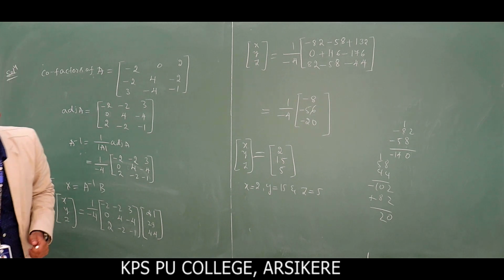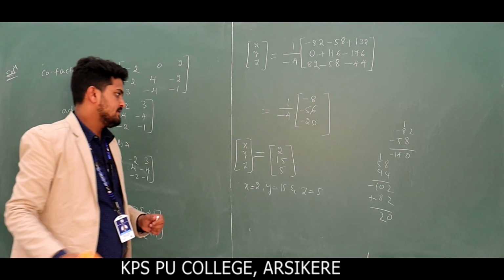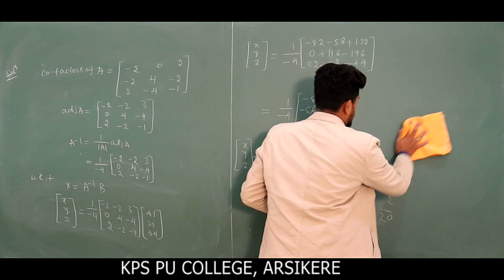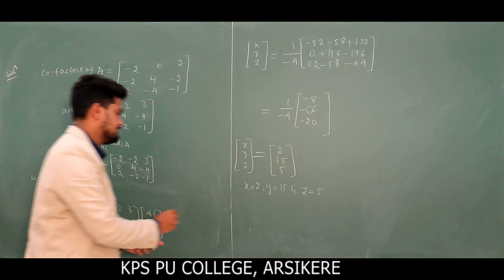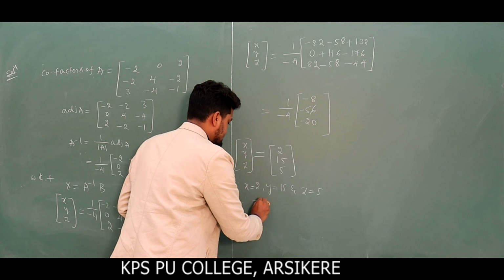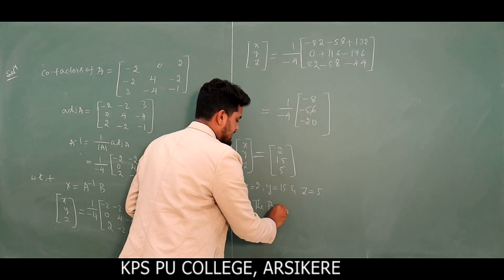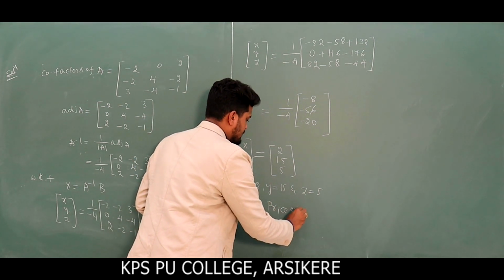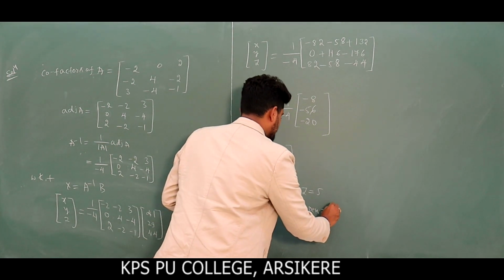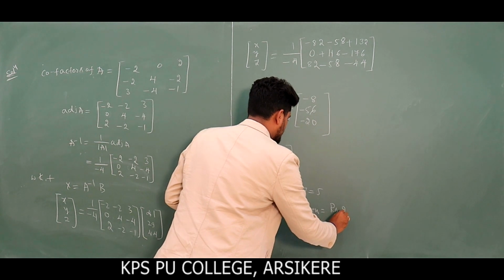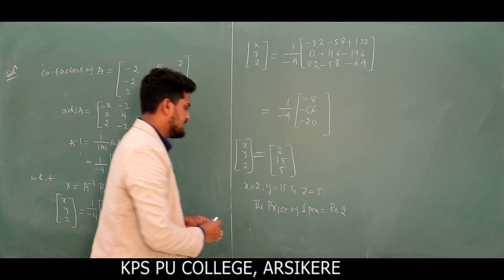But we have to find the price of 1 pen, 1 bag and 1 instrument. Therefore the price of 1 pen is equal to 2 rupees.